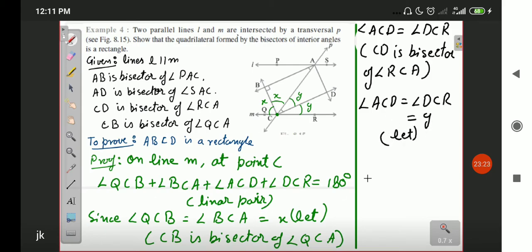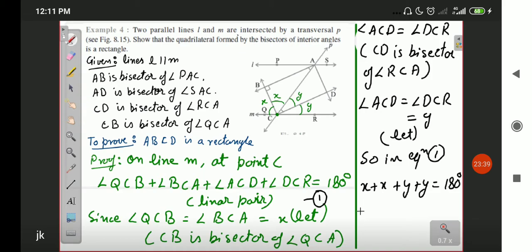So by doing all this, in equation 1, x plus x plus y plus y is equal to 180 degree. That means twice of x plus twice of y is equal to 180 degree, and twice of (x plus y) should be equal to 180 degree.